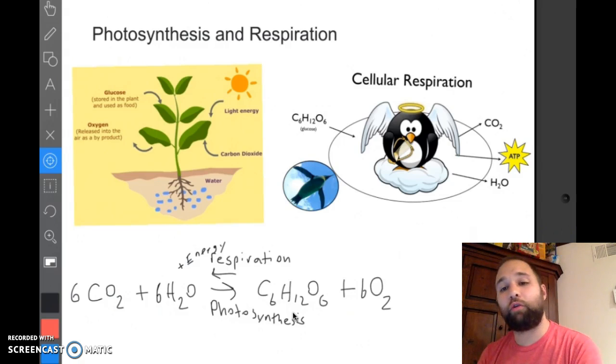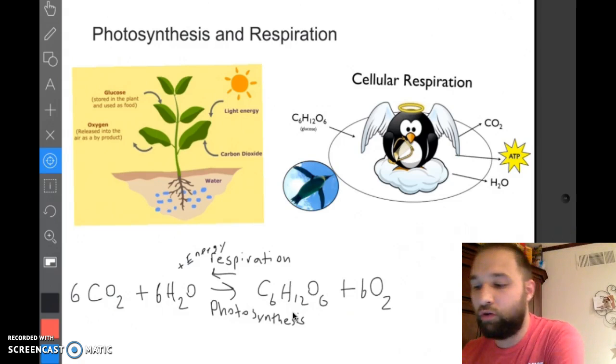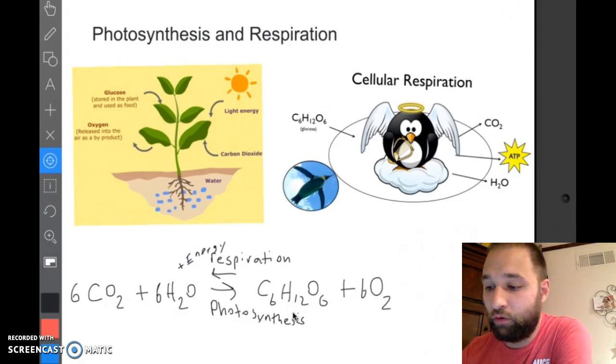You might want to write somewhere on your paper that photosynthesis is when plants make their own food, and in this case it's going to be glucose, using carbon dioxide, water, and the sun's energy. You can see in this little picture that photosynthesis makes glucose.